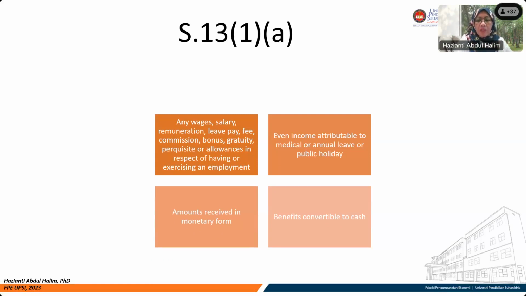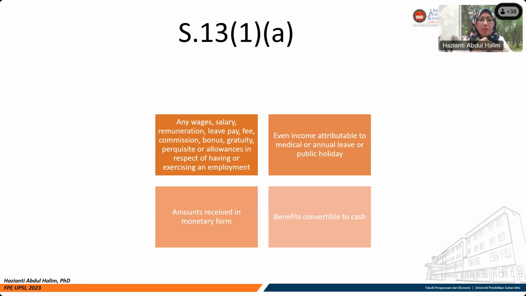Amounts received in monetary form and benefits convertible to cash. Boleh convert to cash because in some cases, for instance, allowances, instead of you get a cash allowance, sometimes the employer will give you ataupun dia minta, okay, you can spend and then you claim. Okay, kita spend duit kita and then we claim.